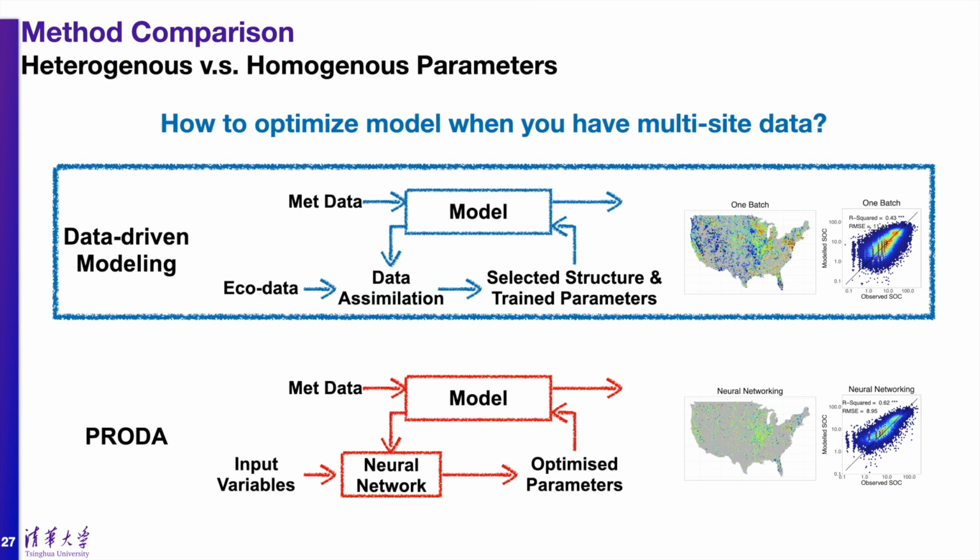In task 1 and 2, we exercised how to use a neural network to predict parameter values at individual sites. That is a core part of the product approach. When we have multi-site data, we can also apply batch data simulation to optimize parameter values, but the final optimized parameters will be spatially homogeneous instead of spatially heterogeneous as shown in the product approach.